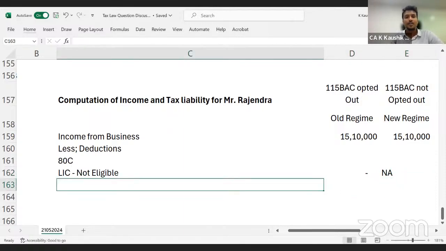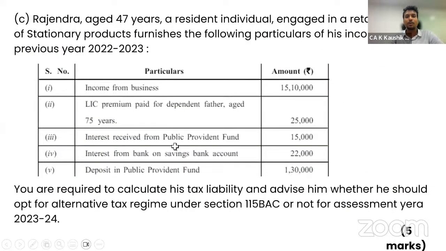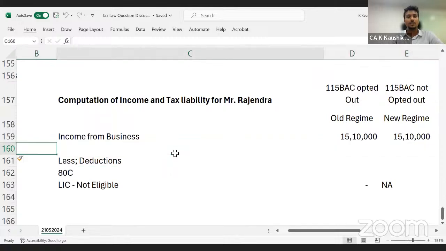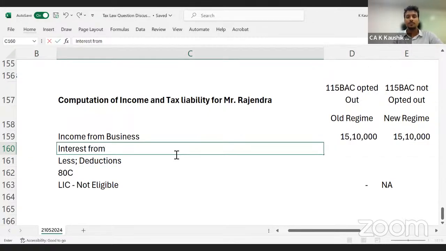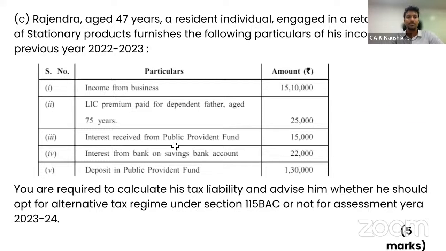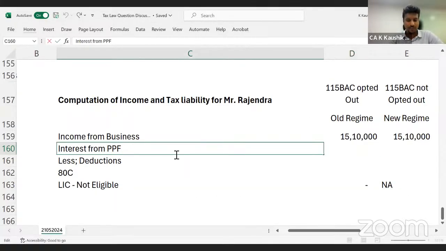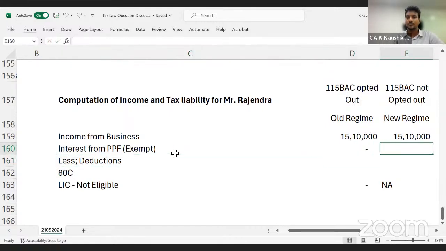Then comes interest received from public provident fund. This is another income. Interest from public provident fund is exempt, so you need to take that exemption into consideration. Both under the new regime and old regime, it is not taxable, 0.